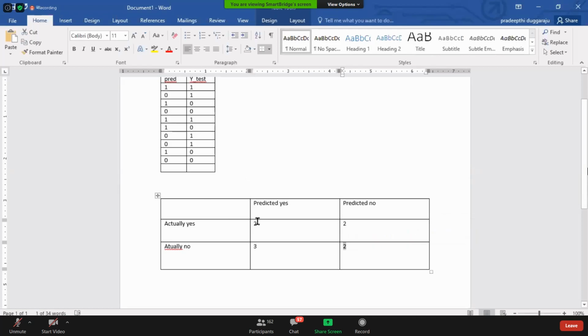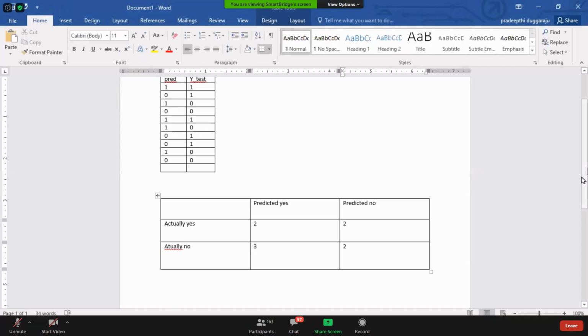That means 2 predicted as yes, and actually also it is yes. 2 predicted as no, and actually also no. But here, actually, the values should be no, but model predicted as 1. Here, actually, the values should be yes, but model predicted as no. So this is how your confusion matrix will be formulated.